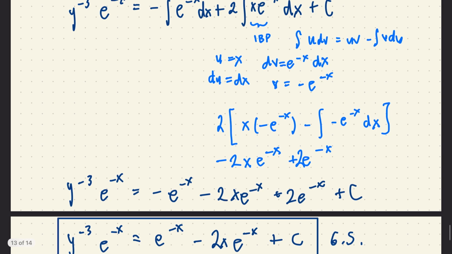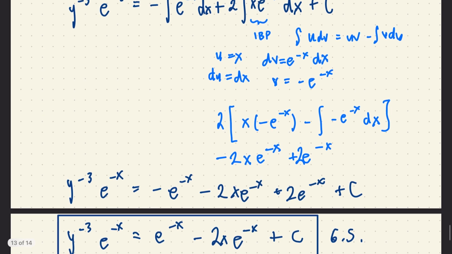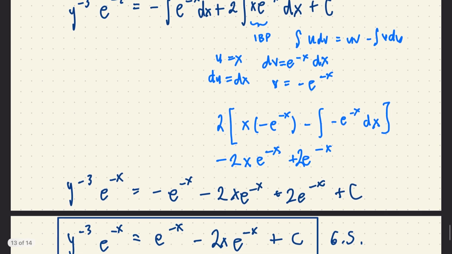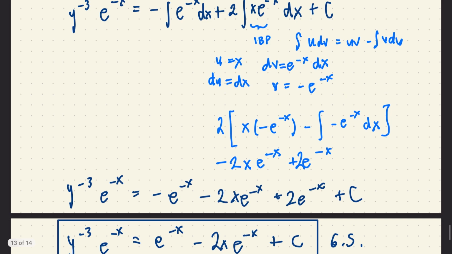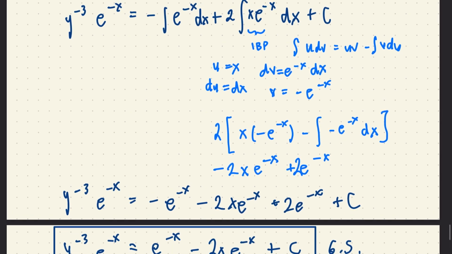And I just realized that we are integrating e raised to negative x without considering the exponent. Dahil naka-negative yung exponent, that will also constitute a negative sign. So this will be positive.